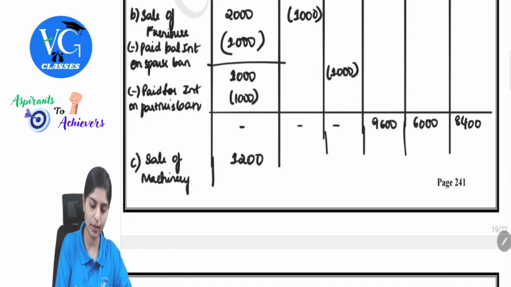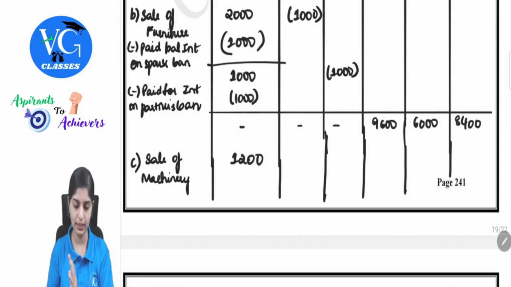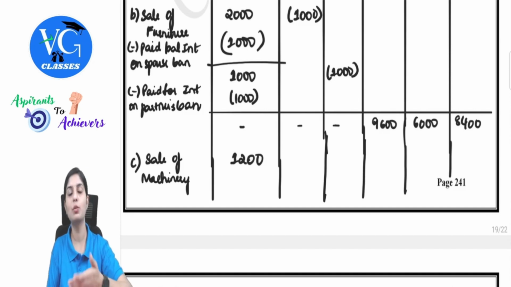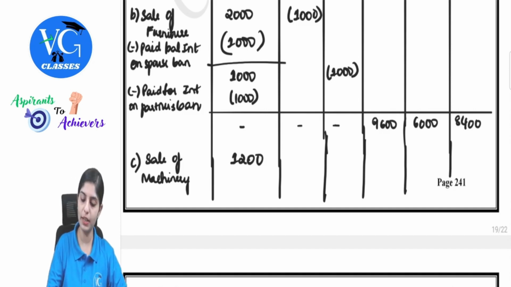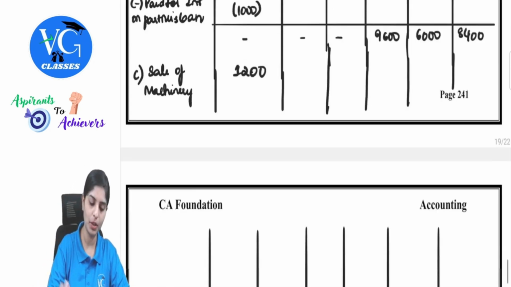Now comes the actual picture of applying the methods. As per the maximum loss method, as we discussed, whatever installment is realized, the balance that the partners prefer is their maximum loss. So first I will have to find out the total requirement with respect to capital balances: 9,600 plus 6,000 plus 8,400, which is 24,000.